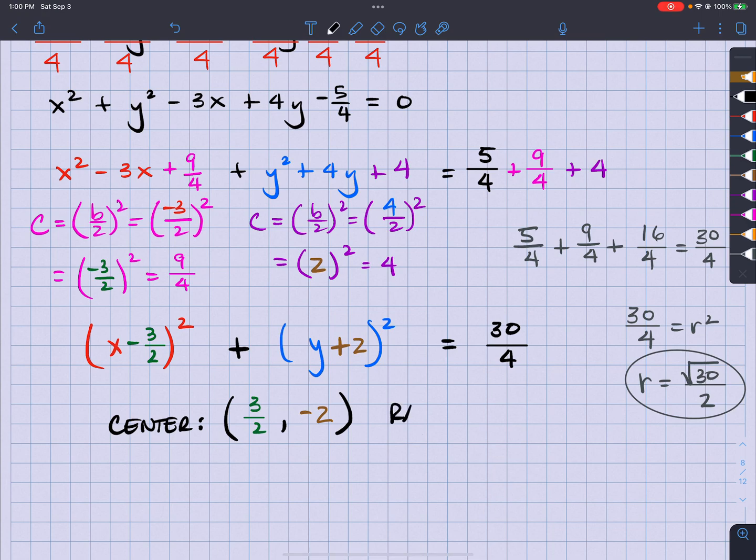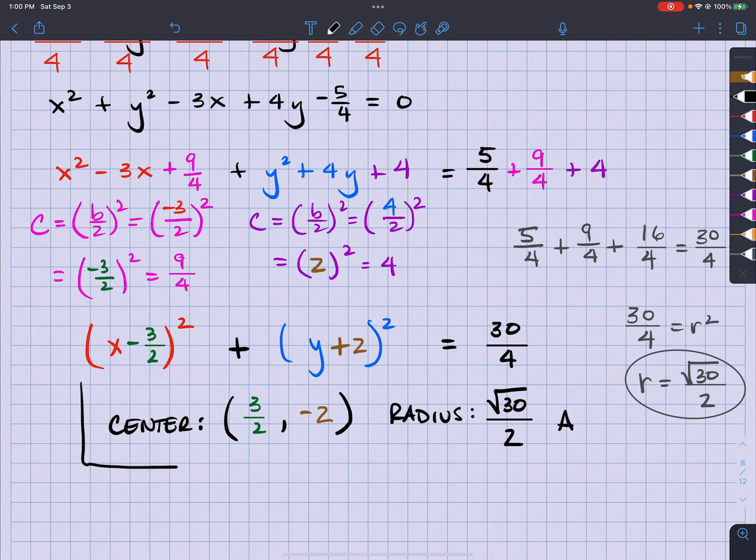And my radius is going to be the square root of 30 over 2. And that, ladies and gentlemen, certainly looks like choice A.